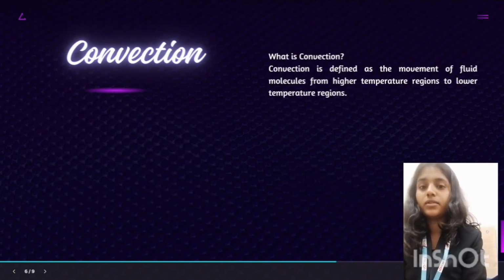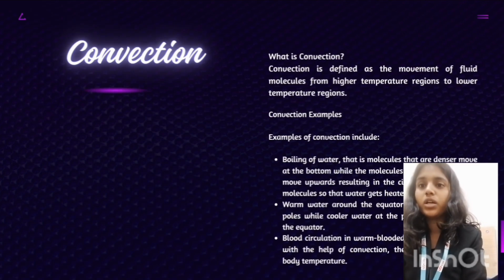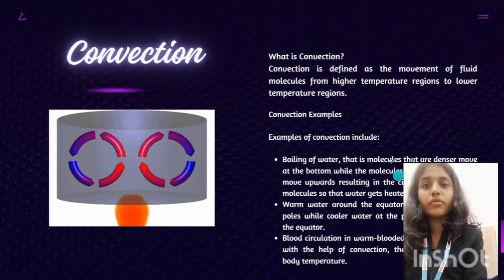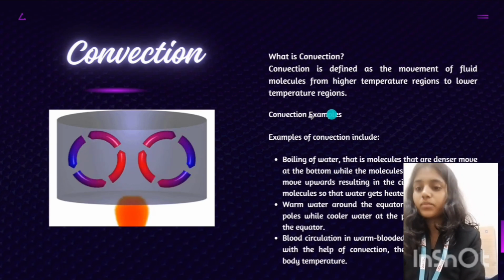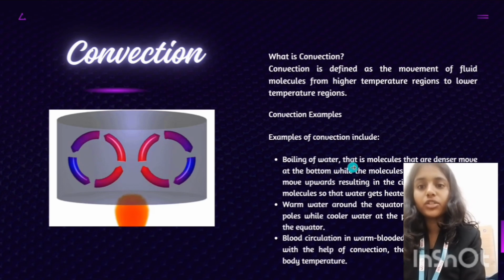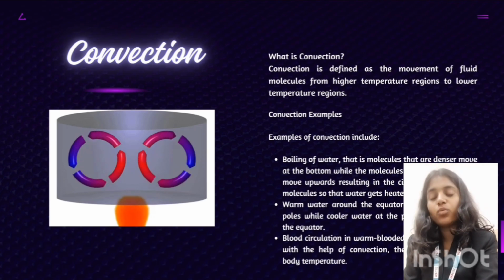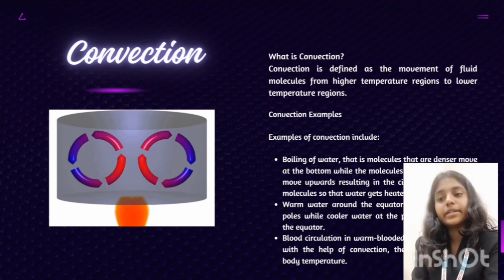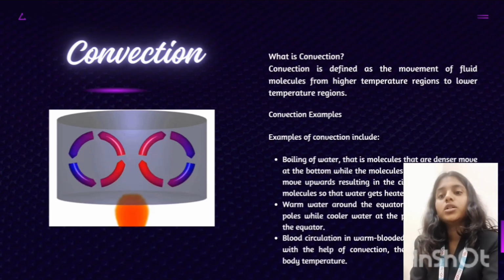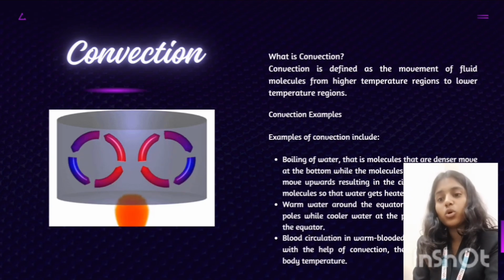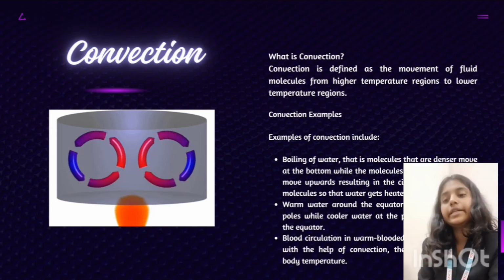Next we will see convection. What is convection? Convection is defined as the movement of fluid molecules from higher temperature region to lower temperature region. An example of convection is boiling of water, where molecules that are denser move to the bottom while the molecules which are less dense move upward, resulting in a circular motion of the molecules so that the water gets heated.